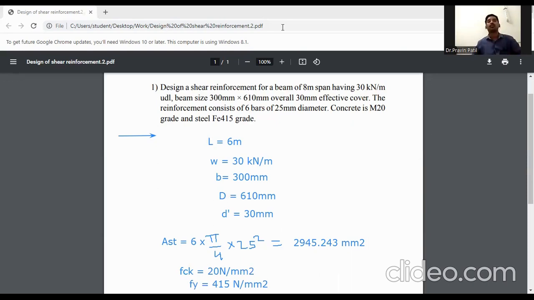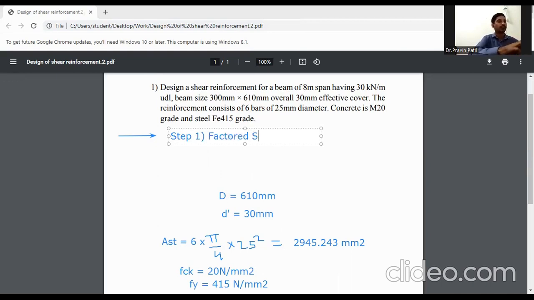Okay. So first step, calculate factored shear force. Step 1, factored shear force. Shear force, that is V. Factored shear force, that is in bracket VU.